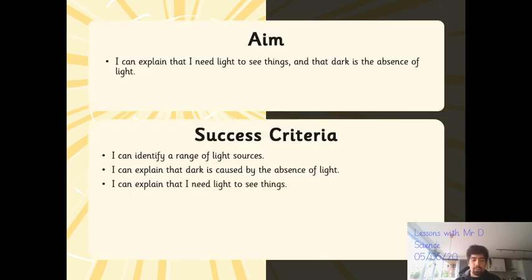A couple of things that we'll look at today is we're going to explain that we need light in order to see things. That's one of the most important ideas to get your head around. Your eyes aren't magic and they can't produce light, and you don't see out of your eyes. It's a weird thing to think about.